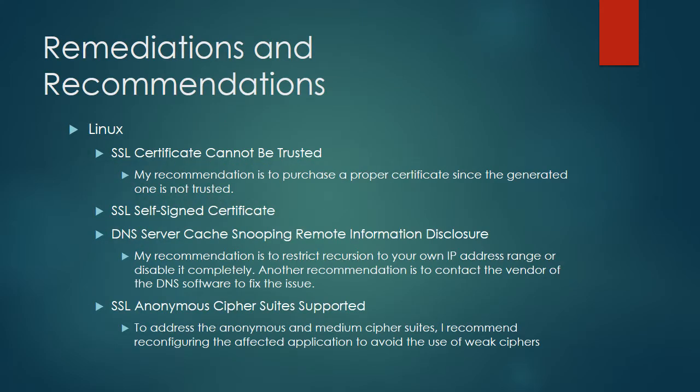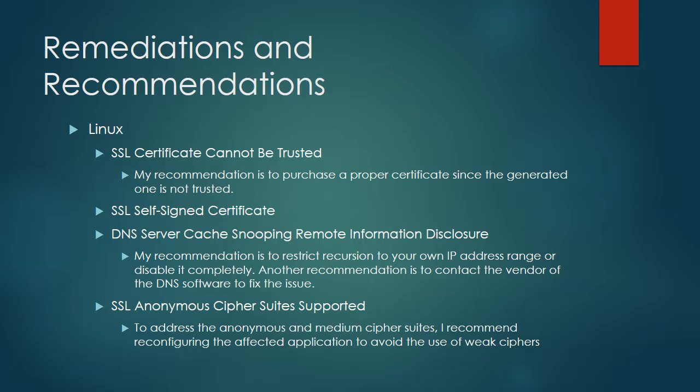Going on to remediations and recommendations. For the Linux server SSL certificate cannot be trusted, my recommendation is to purchase a proper certificate since the generated one is not trusted. Same goes for the SSL self-signed certificate vulnerability. I suggest that you get a proper certificate from a public certificate authority.